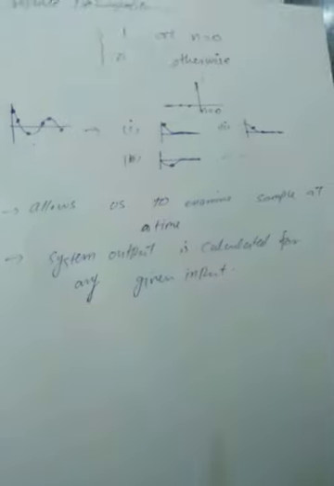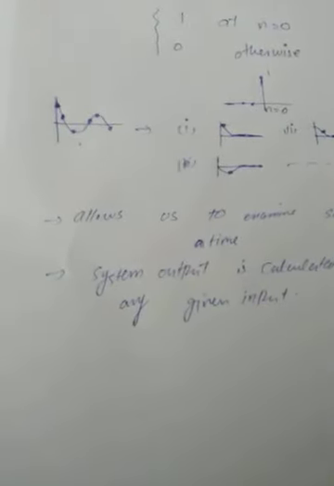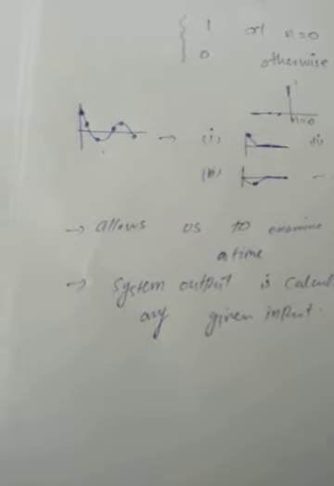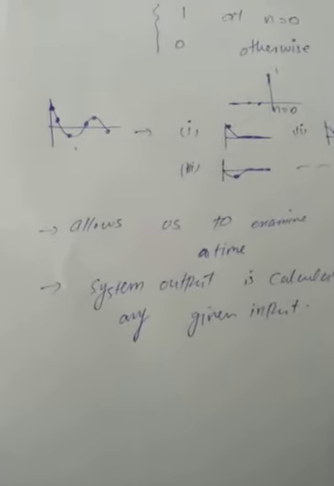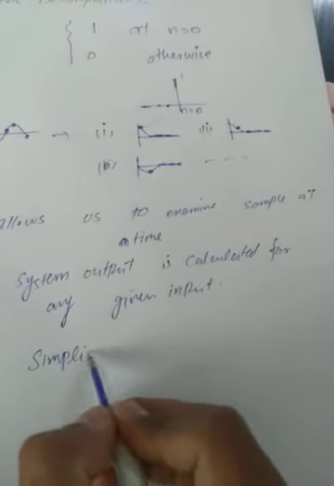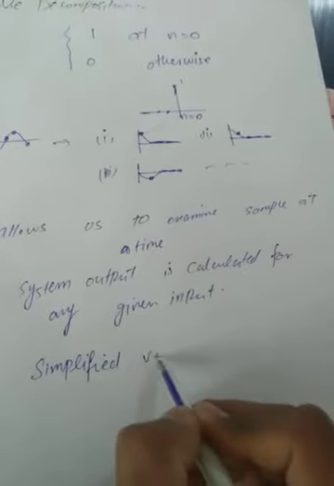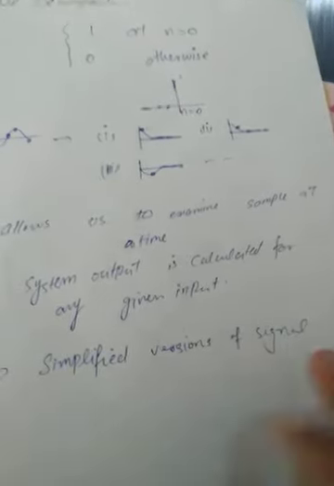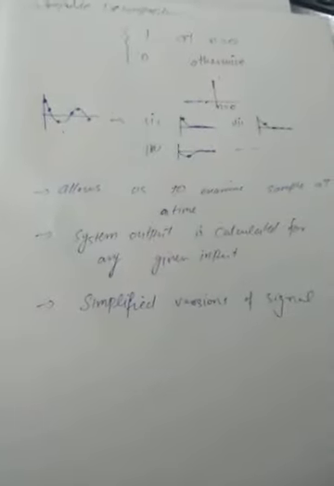It means that if we have any input signal and we want to calculate the output, for example we have a complex signal, then by doing this impulse decomposition we get simplified versions of the signal. So these are the advantages of the impulse decomposition.